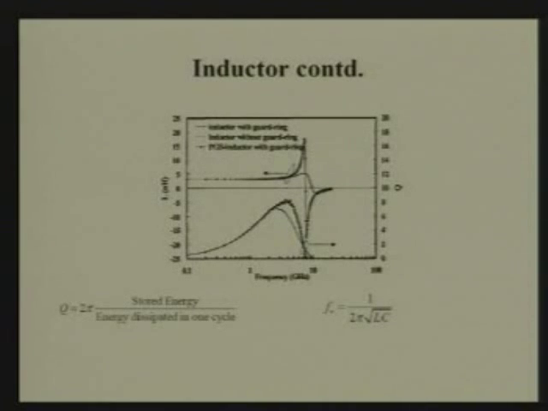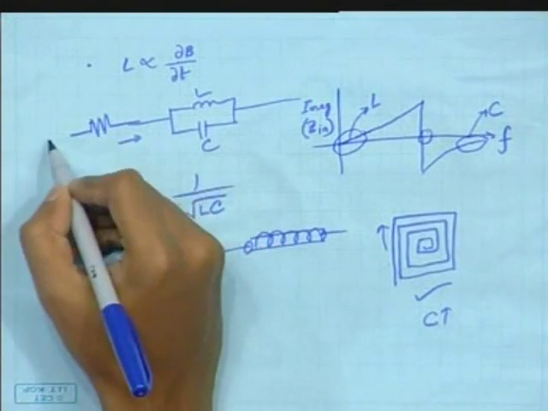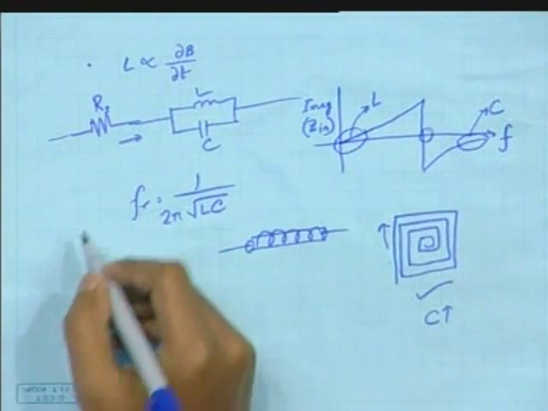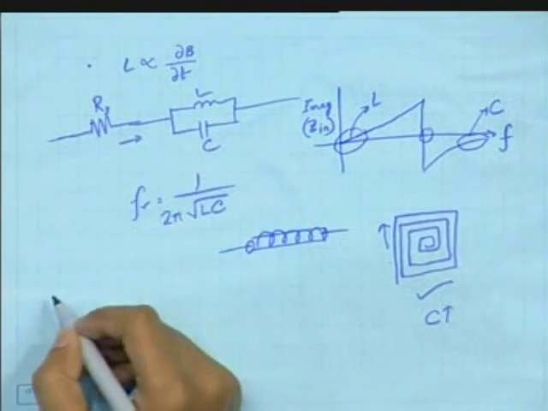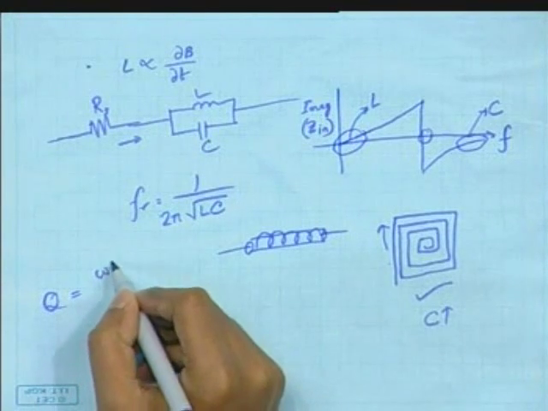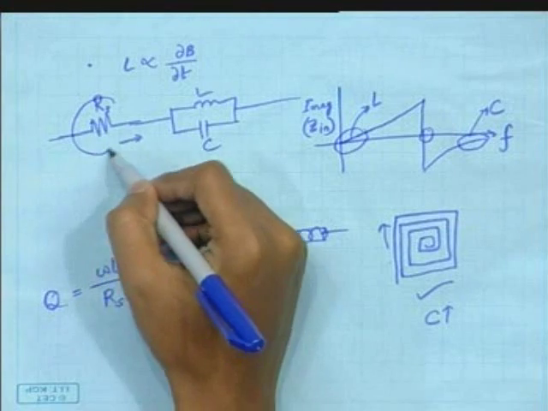Now another way to characterize an inductance, say I include a series resistance also. So RS, and this is L and C. The quality of the inductance is measured by the quality factor. For an inductance, we all know that it's omega L by RS. This RS contributes the loss of the inductor.